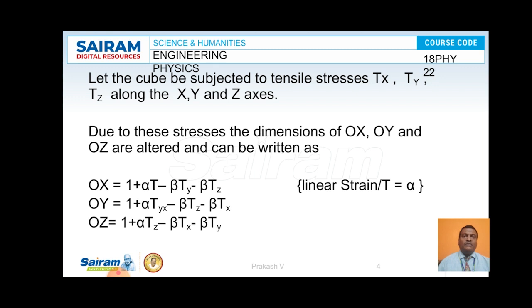See here, alpha indicates extension or expansion, whereas beta indicates compression. So that is what the symbols mean in the equation.